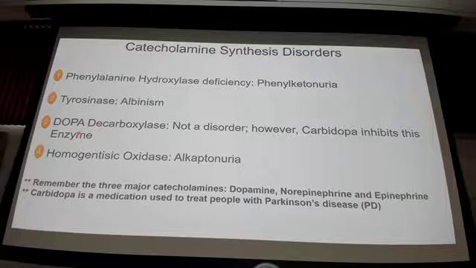And then dopa decarboxylase, this is not a disorder, but it is the target of the drug carbidopa, which inhibits this enzyme in order to allow dopamine to circulate in the brain a little bit longer in order to decrease the side effects that we see in Parkinson's syndrome.